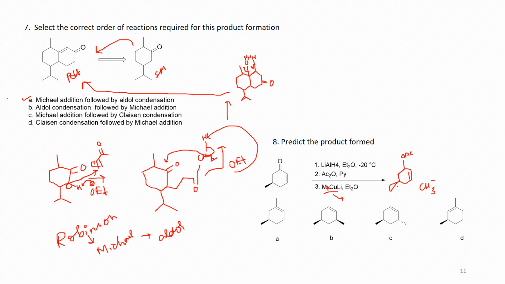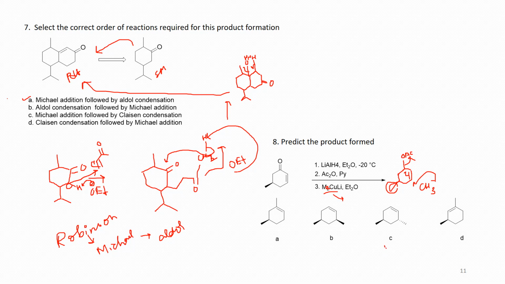As the methyl group is already above the plane, the incoming methyl will always take the opposite plane, that is below the plane. It will come here, this double bond goes here, and OAc gets eliminated.